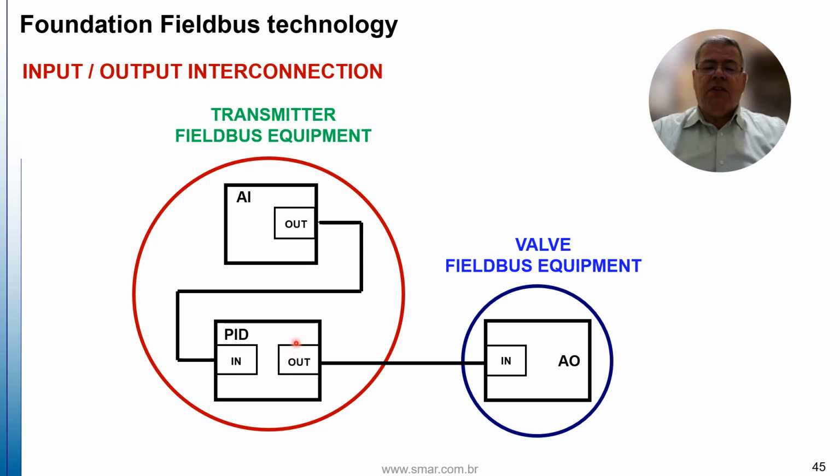The PID will perform its control algorithm and send the final result to the block's out. The block's out will connect to the in of the output block in the logic. This will facilitate the operation of the Foundation Fieldbus field equipment, including a positioner, to act on the control valve, guaranteeing optimal performance of the control system.